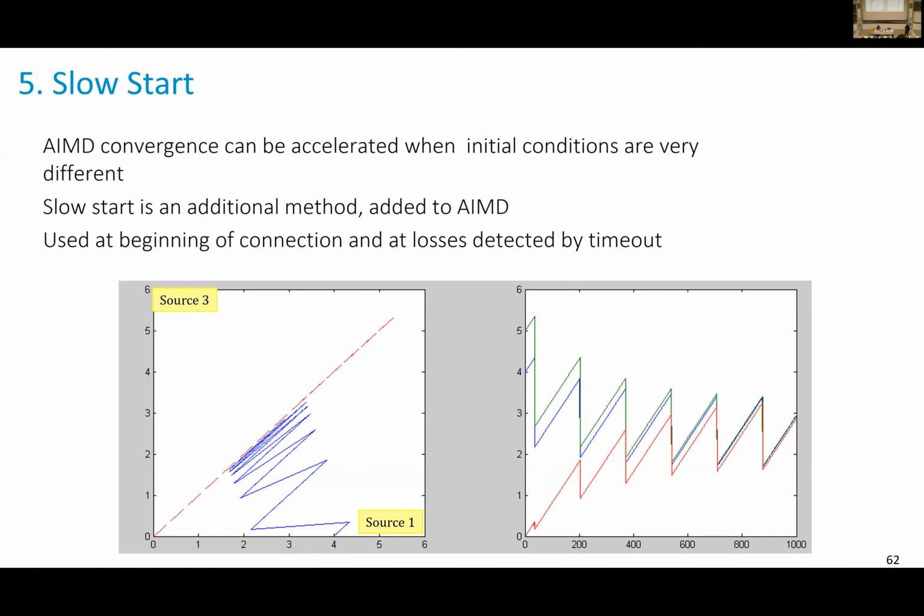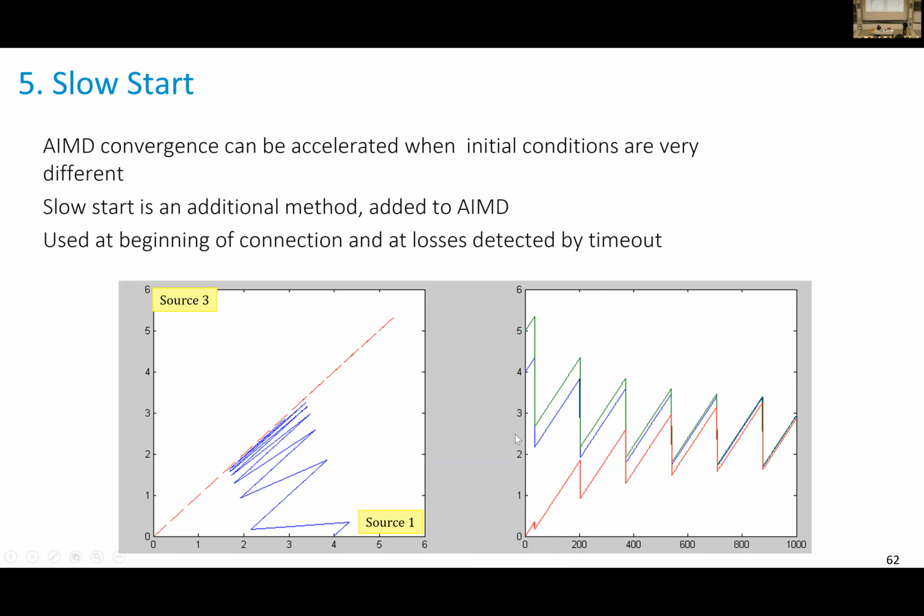Now, if we look over a small number of oscillations, we see that the red source, source 1 in this example, takes a large number of oscillations, 4 or 5 here, until it gets something close to what the others have.